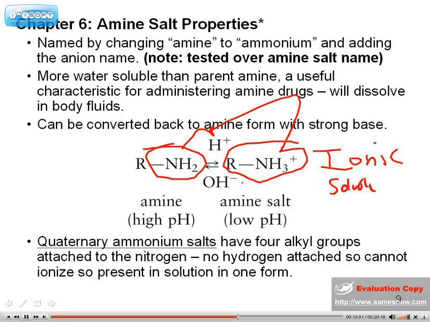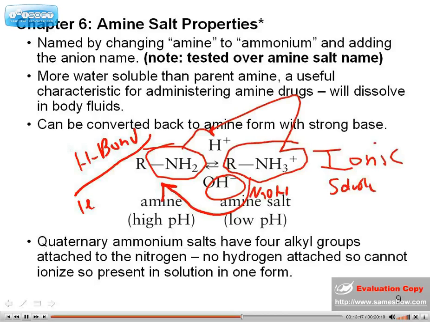However, if you were to add a base, any type of base, such as maybe sodium hydroxide or potassium hydroxide, it will revert it back into its neutral amine state. And in its neutral state, it's hydrogen bonding. Keep in mind it's going to be a little bit less soluble, still soluble because it's hydrogen bonding, but less soluble than in its ionic form.